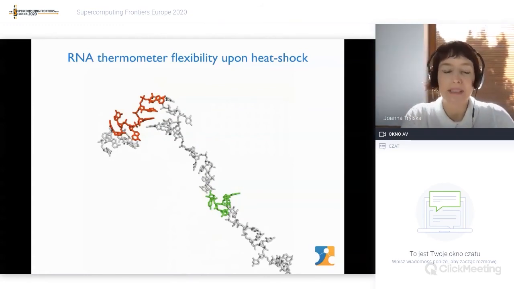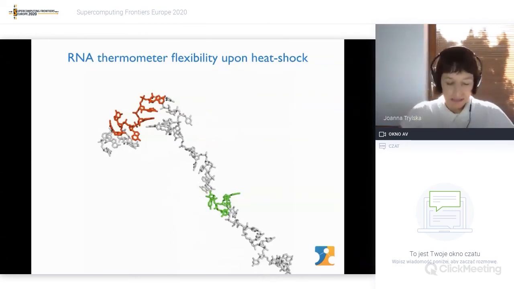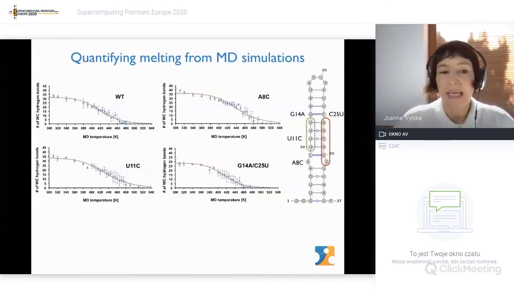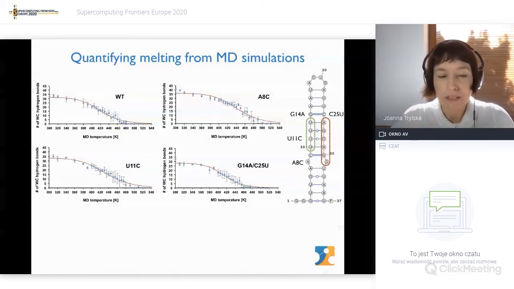And perhaps what we wanted to do is quantify how this unfolding occurs depending on the sequence. So here I'm showing examples for a few mutants, how the number of hydrogen bonds from the simulation, from many simulations, because we're taking averages, changes as a function of temperature.